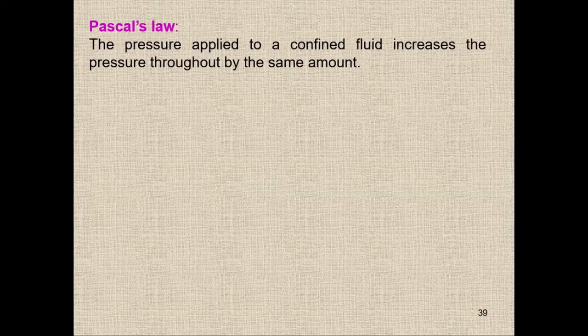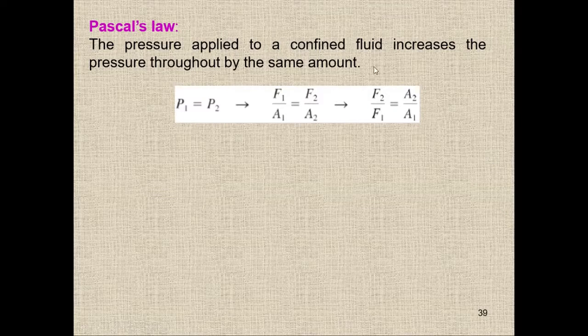Now we have another law which is called Pascal law. This is also related to the pressures. So pressure applied to a confined fluid increases the pressure throughout by the same amount. So here we have to check that we have a confined fluid. If it is not a confined fluid, then you will not get the Pascal law.